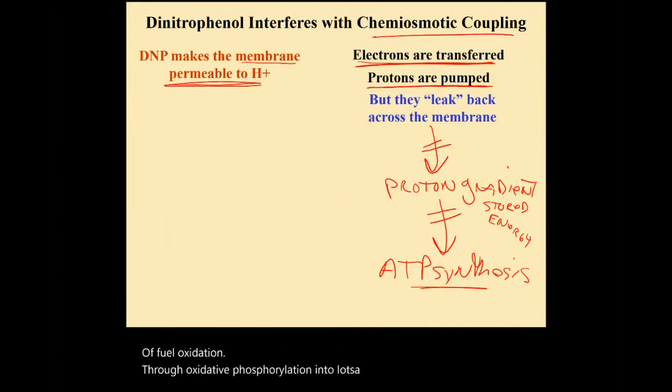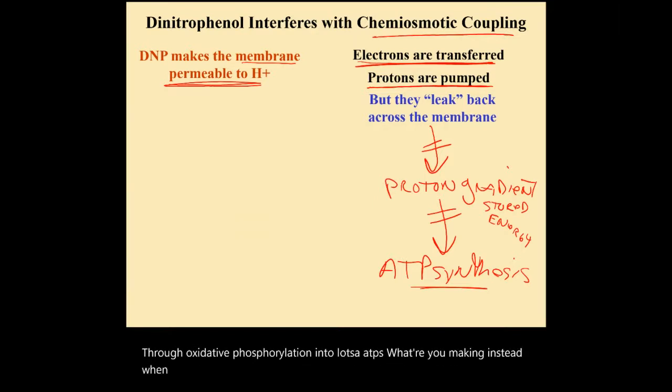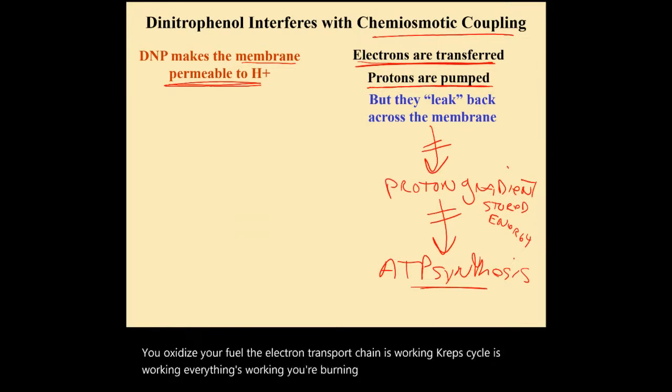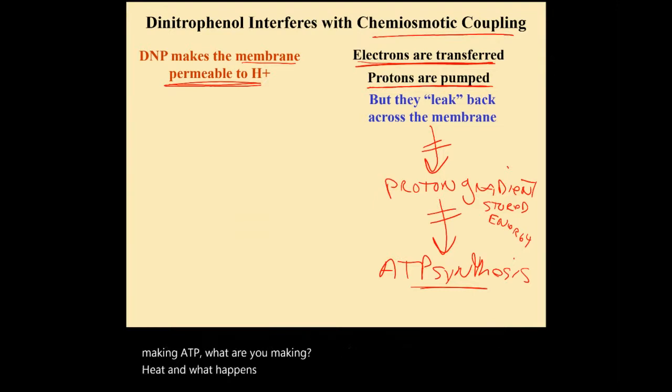what are you making instead when you oxidize your fuel? You oxidize your fuel, the electron transport chain is working, the Krebs cycle is working, everything's working. You're burning your fuel like crazy, but instead of making ATP, what are you making? Heat. And what happens to the body? What happens to the cell?